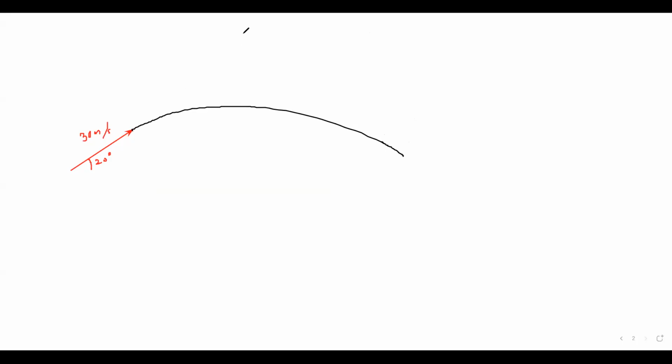Now the question is, the first part, find the initial horizontal and vertical component of velocity.